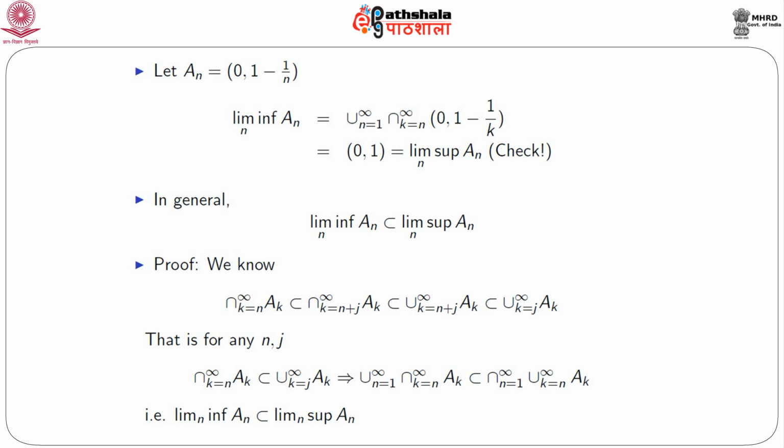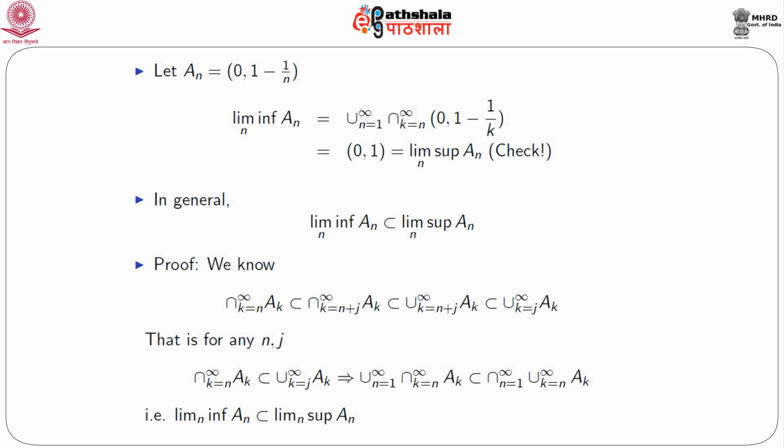So, it is again a superset of the previous set. After doing this calculation for any n and j, we get that the intersection over k from n to infinity of a_k is a subset of the union over k equal to j to infinity of a_k.